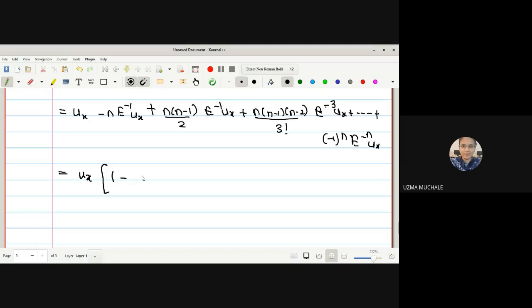We can write this as 1 minus n into E^−1 plus n(n−1)/2 E^−2, it should be minus 2, no?